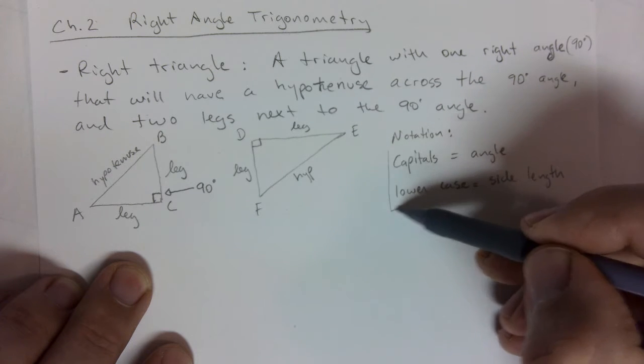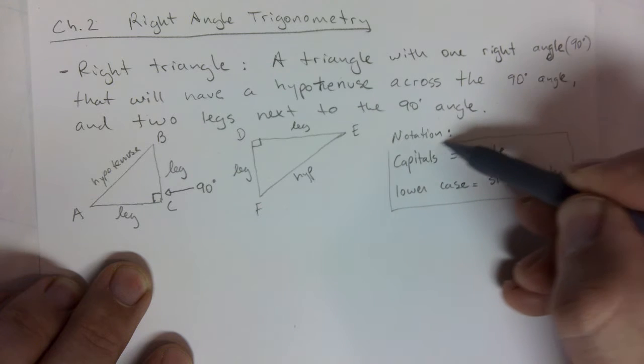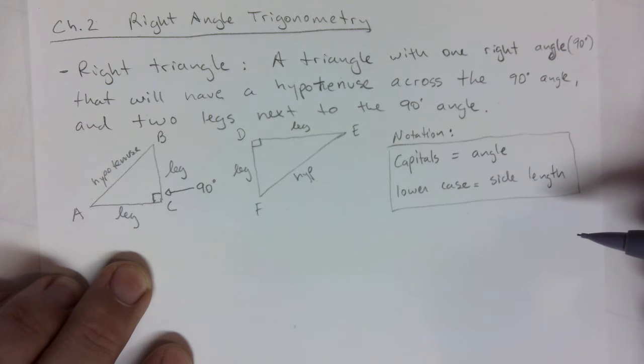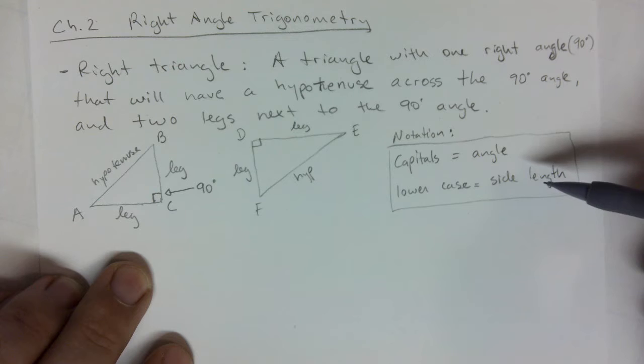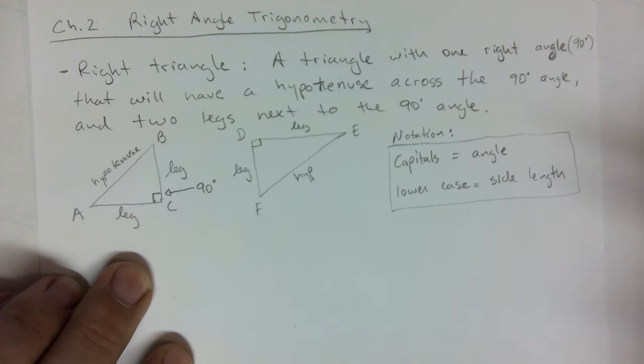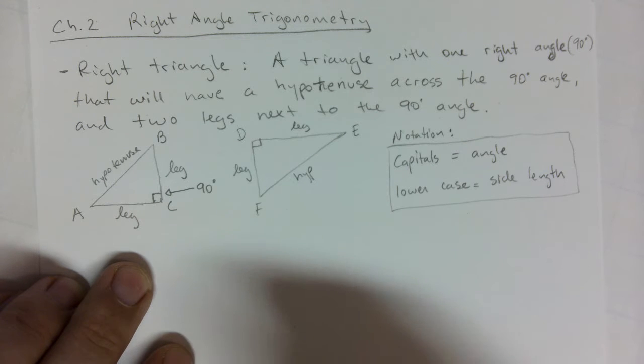That's something that you need to remember. We use capital letters for angles and lowercase letters for side lengths, and this is in general.